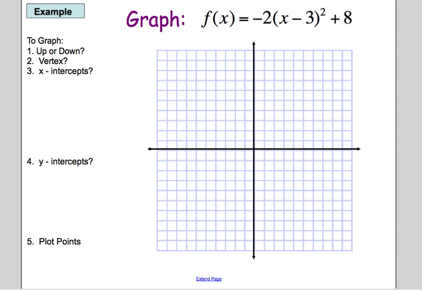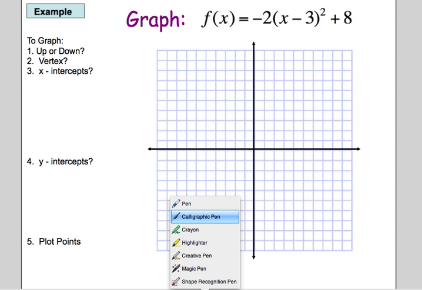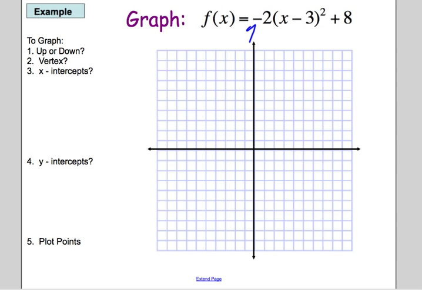So let's try an example. We're going to graph that given function. So the first question we have to answer is, does this parabola open up or open down? Since there's a negative here in the front, we know the parabola is going to open down.